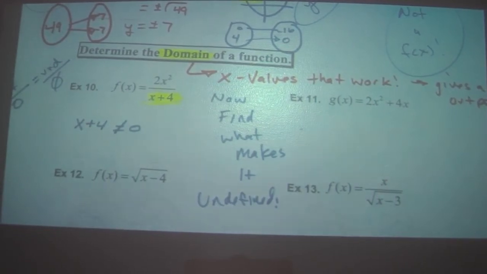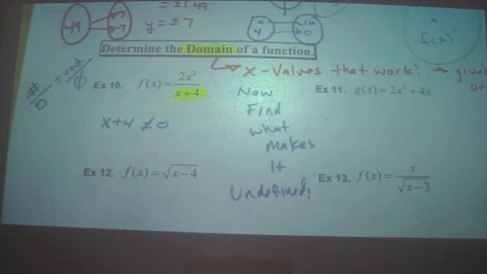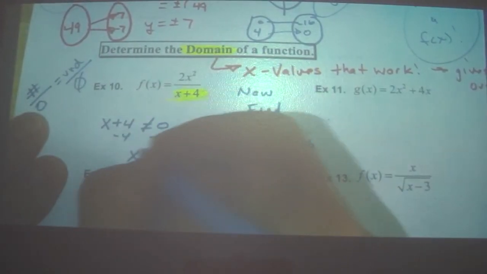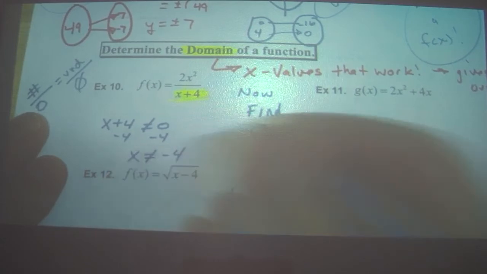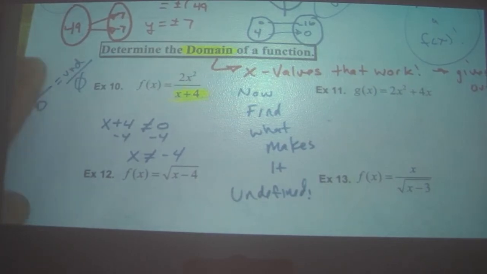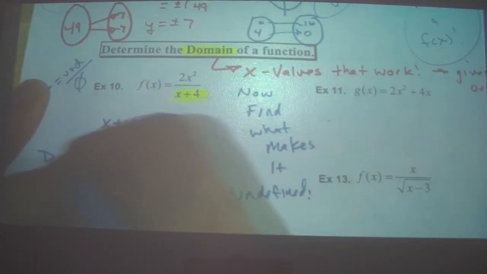We can't divide by zero. So x plus 4 can't be zero, and we subtract this over. And we get x cannot be negative 4. Okay? Now for me, that's fine. Just listing that x cannot be negative 4 is your domain. You might see some fancy brackets.